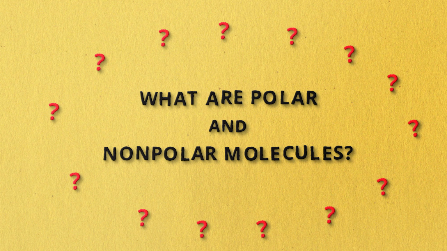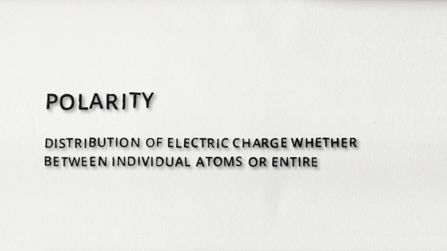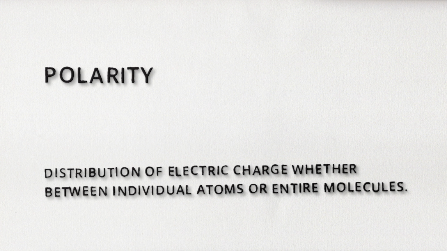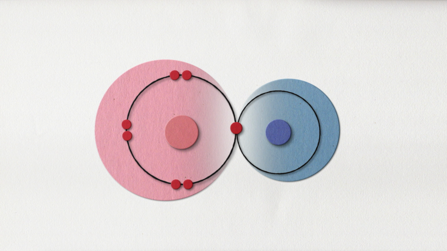Now, what are polar and non-polar molecules? In chemistry, polarity is the distribution of electric charge, whether between individual atoms or entire molecules. Imagine polar magnets with two different poles. Some molecules have different polarities on the same molecule.